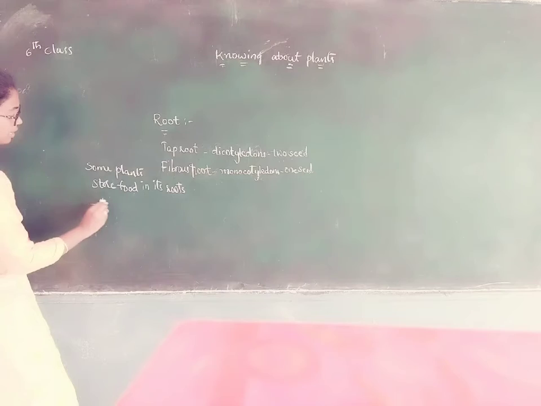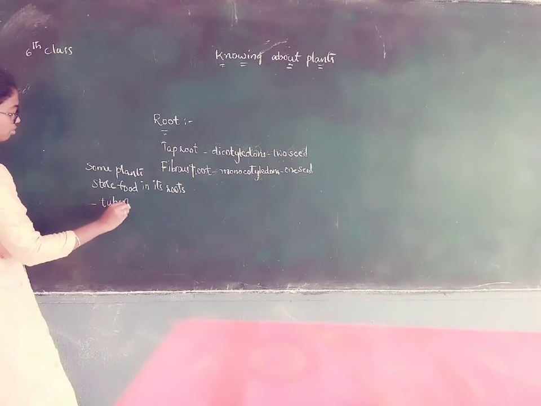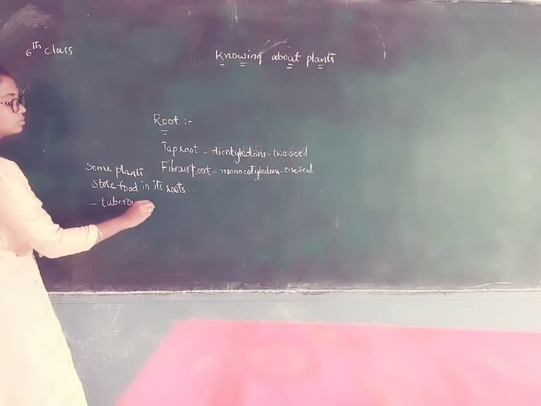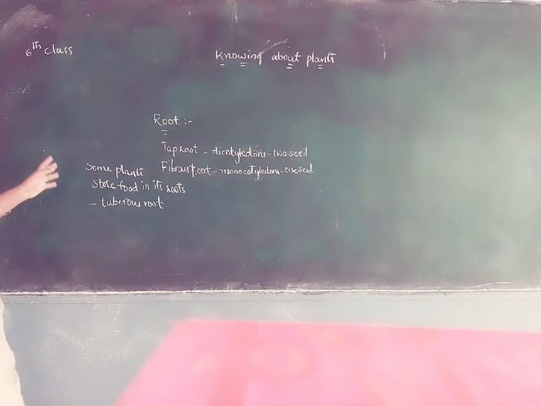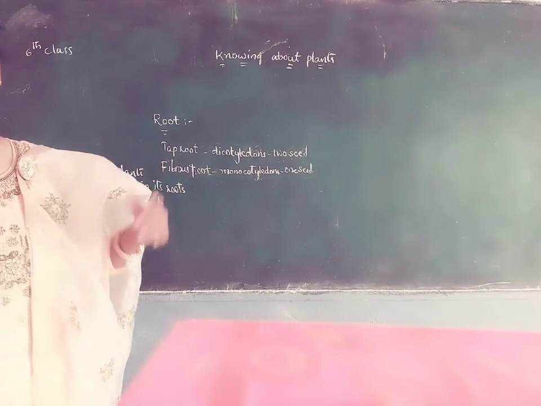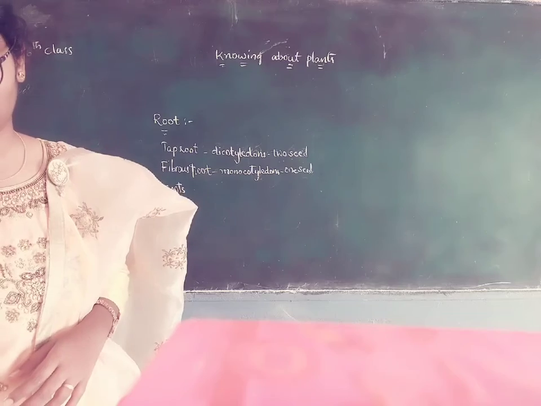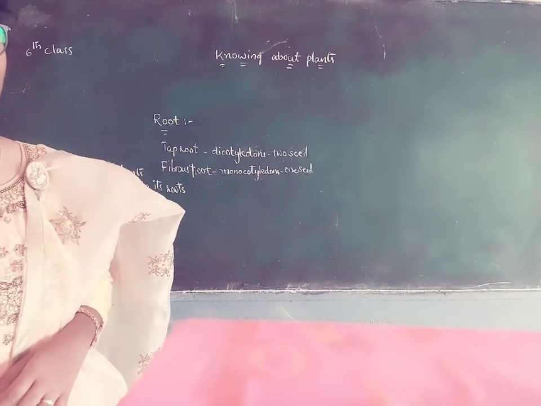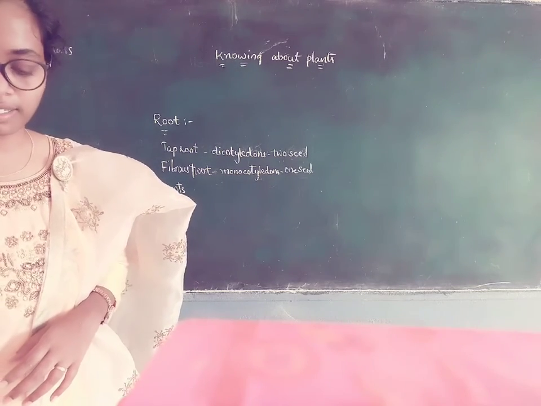Such roots are called tuberous roots. They store their food in the roots, and such roots are called tuberous roots. For example, carrot, radish, onion, etc.